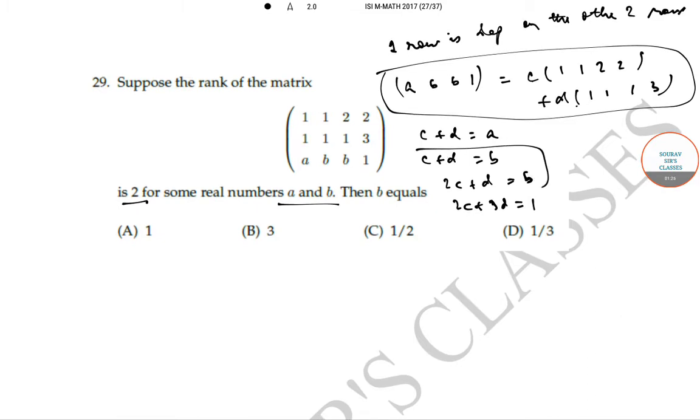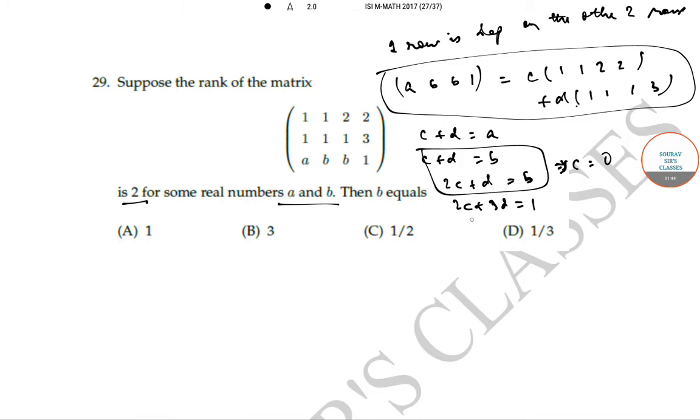Now, using these two equations, we can say the value of C is 0, since C plus D is equal to B and 2C plus D is equal to B. So C does not have any effect. So C is equal to 0.